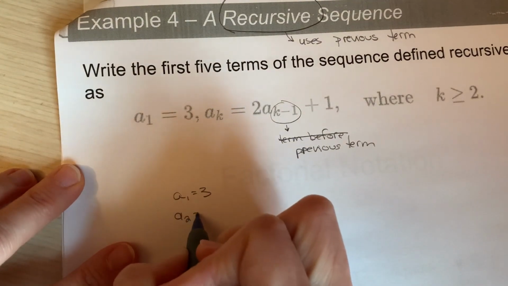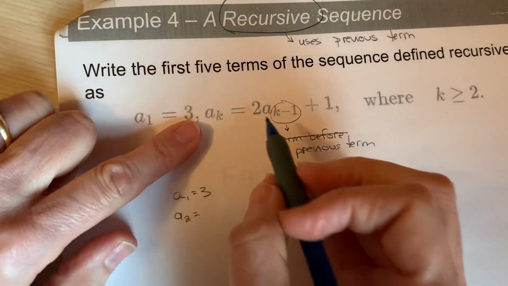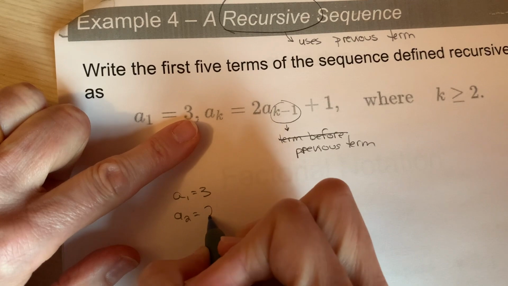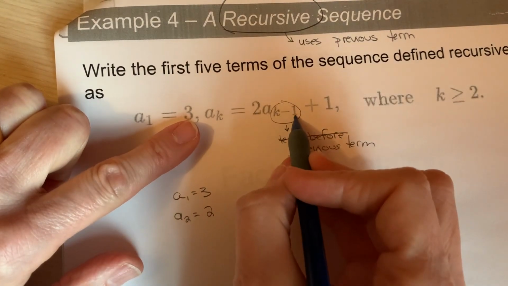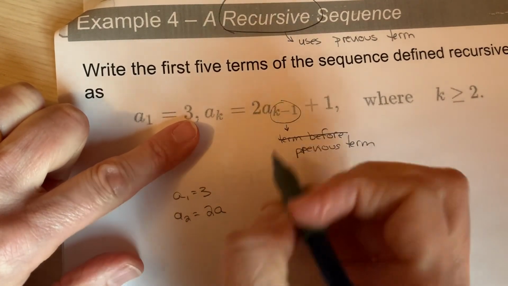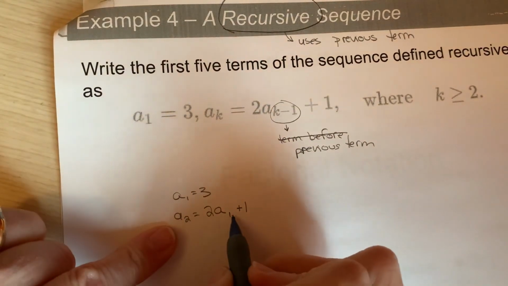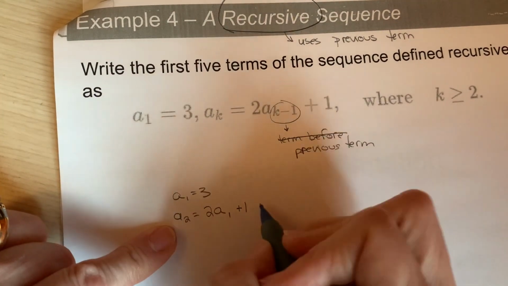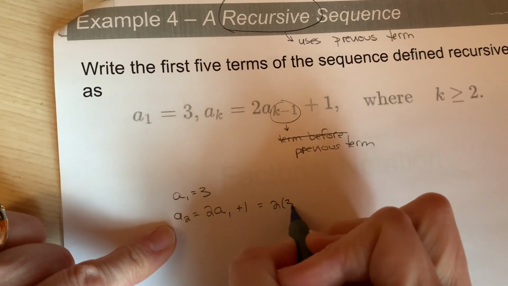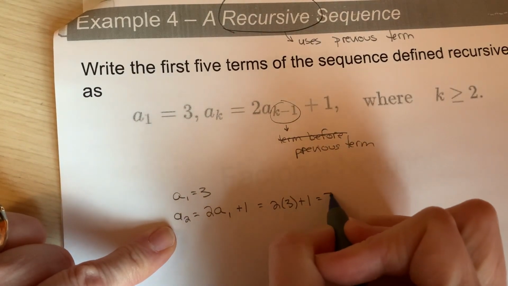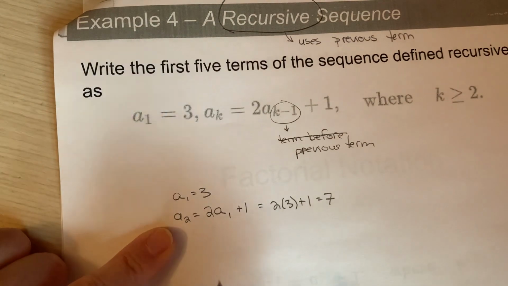A sub 2, I think I'm going to put a 2 in here. So I'm going to have 2 a sub k minus 1 plus 1. So that would be a sub 2 minus 1, a sub 1, plus 1. A sub 1 is the previous term. So this is going to be 2 times 3 plus 1, or 7.